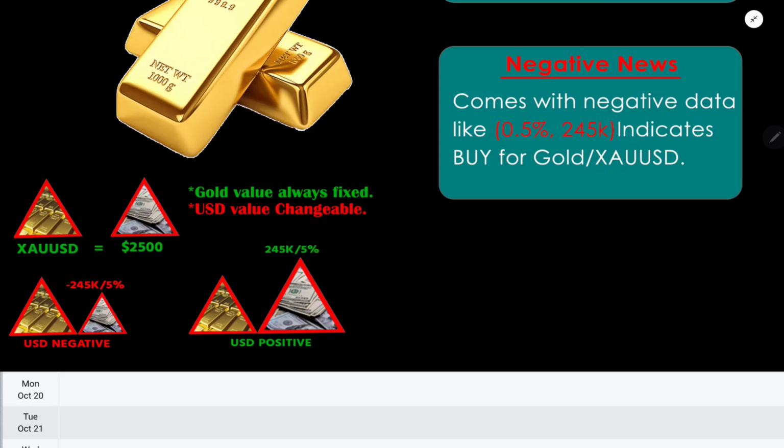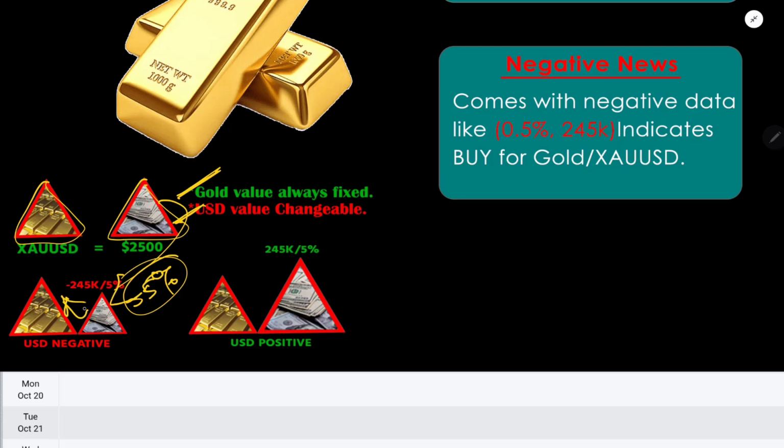Before that, you have to keep two things constant: gold value is always fixed, that means it is a constant value, and USD value is always changeable, that means it is variable. Suppose one triangle of gold is equal to 2500 United States dollars. If negative 5% inflation comes, that means minus 5% data comes for USD, then this triangle is 5% smaller than that.